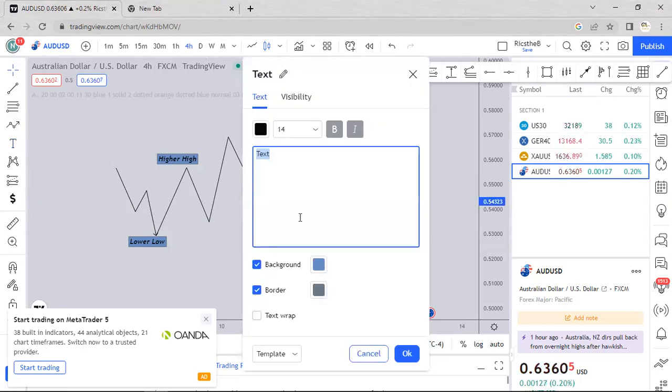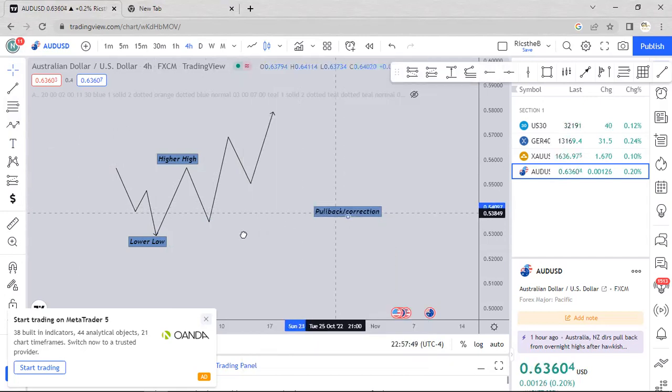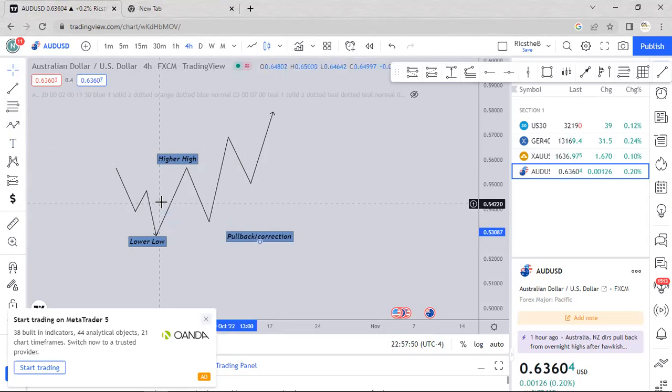Why? You'll understand the market doesn't move in a straight line because, let's say for instance, this right here is referred to as the pullback or the correction. Let's say we had people taking buy positions from this point.